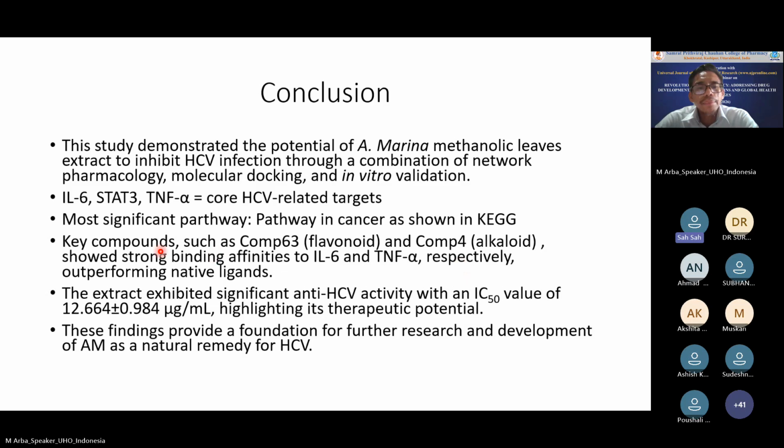Key compounds are compounds 3 and 6, both flavonoids, and compound 4, an alkaloid, with strong binding affinity to interleukin-6 and TNF-alpha. So this finding provides a foundation for further research and development of Avicennia marina as a natural remedy for HCV.